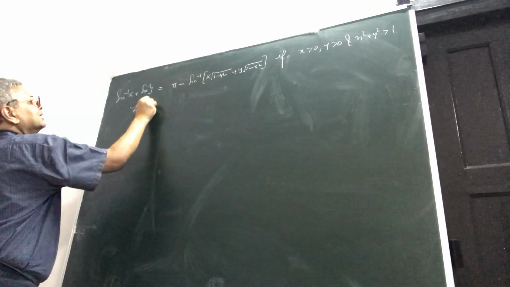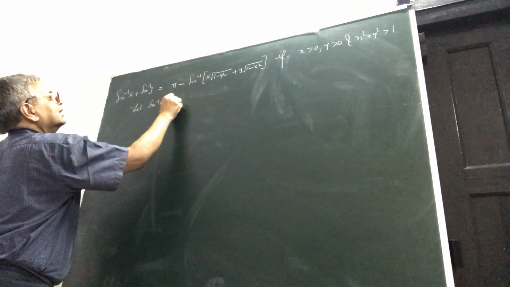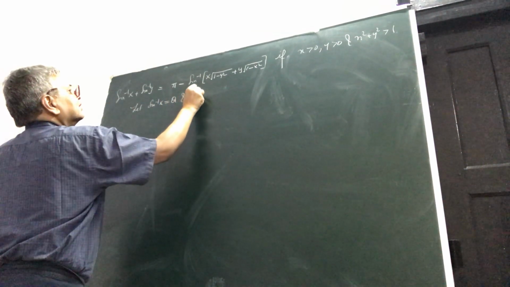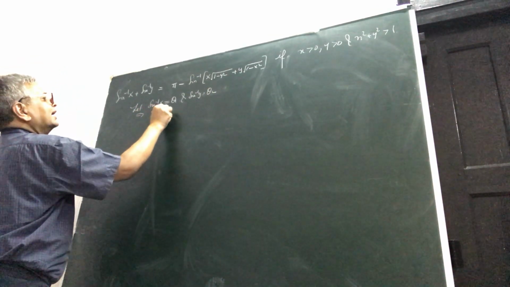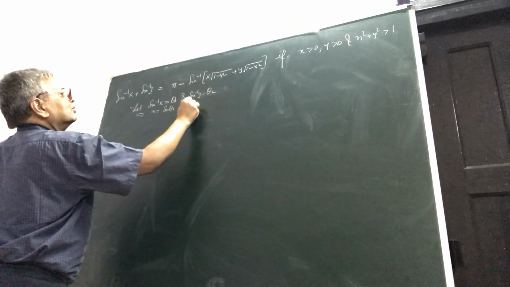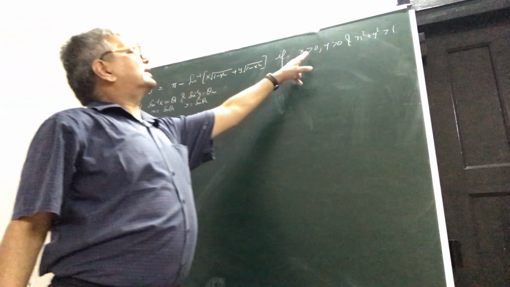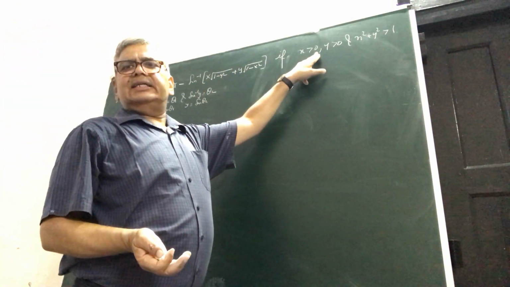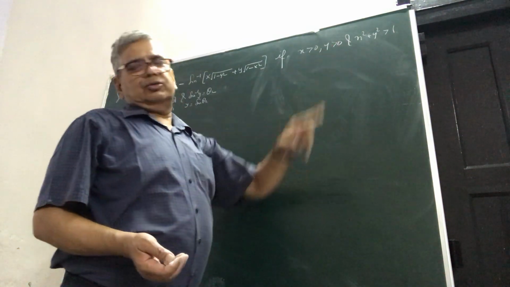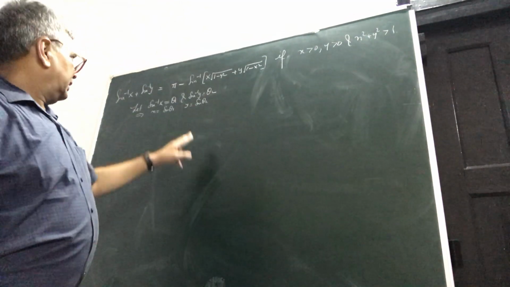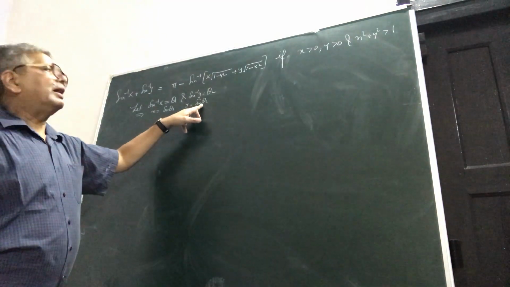You will assume that sine inverse x is equal to theta 1 and sine inverse y is equal to theta 2, implying that x is equal to sine theta 1 and y is equal to sine theta 2. Now it's obvious x is greater than 0 means that theta 1 will lie between 0 to pi by 2, and likewise y is greater than 0 means theta 2 would be lying in between 0 and pi by 2.